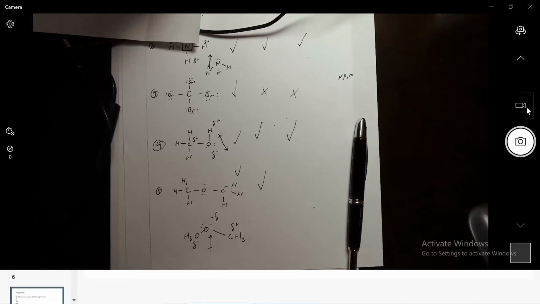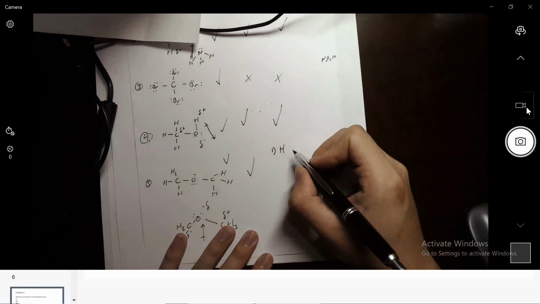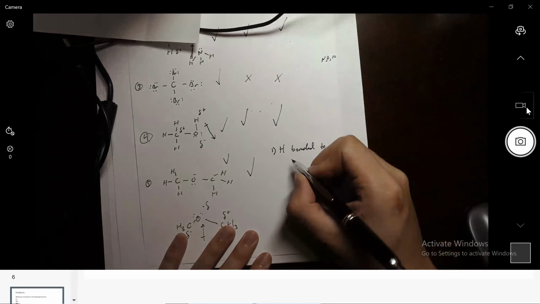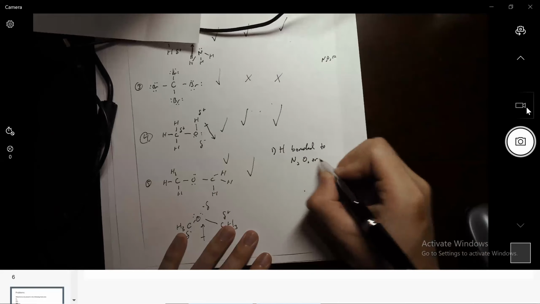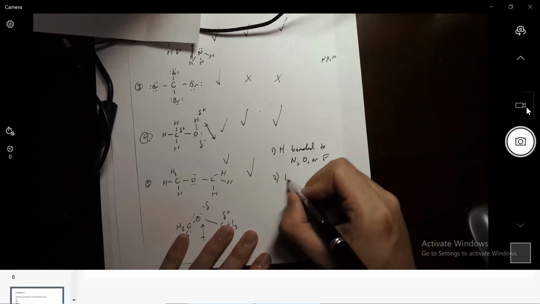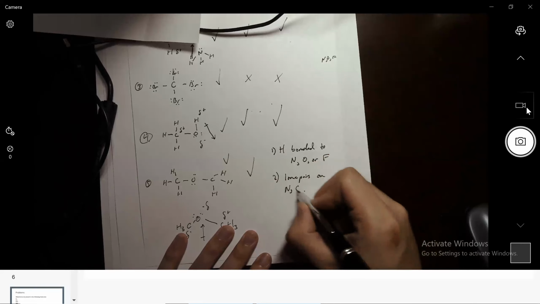But carbon is not going to act as a hydrogen bond acceptor, so we don't need to worry about that. What we do need to worry about is the two requirements for hydrogen bonding. I will write them down for extra clarity. One, we have a hydrogen atom bonded to nitrogen, oxygen, or fluorine. Two, we have lone pairs on nitrogen, oxygen, or fluorine.